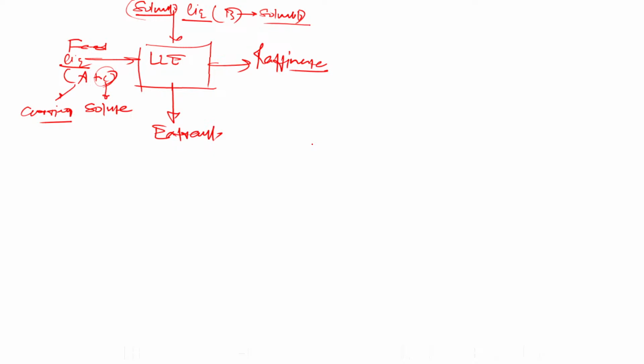So suppose you have a mixture of two components A and C, and you want to separate C from A. Either I can use distillation, but the problem is that distillation only works if there is a difference in boiling point. If the difference in boiling point of A and C is negligible, meaning they have the same boiling point, then we can't separate A and C from the mixture via distillation.